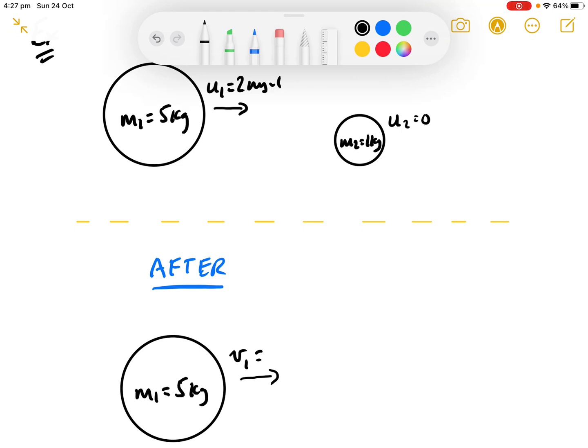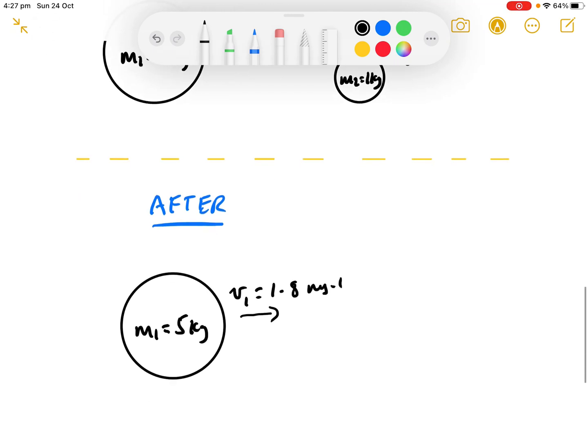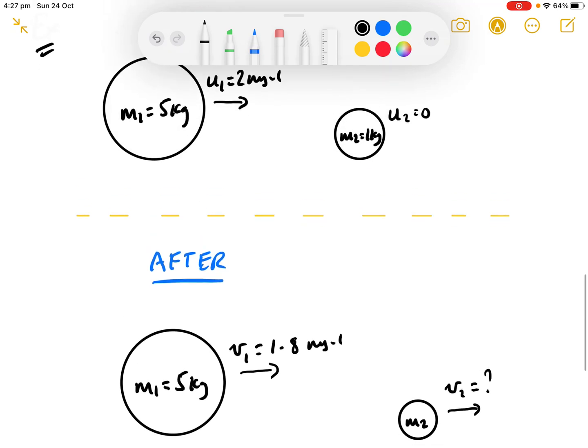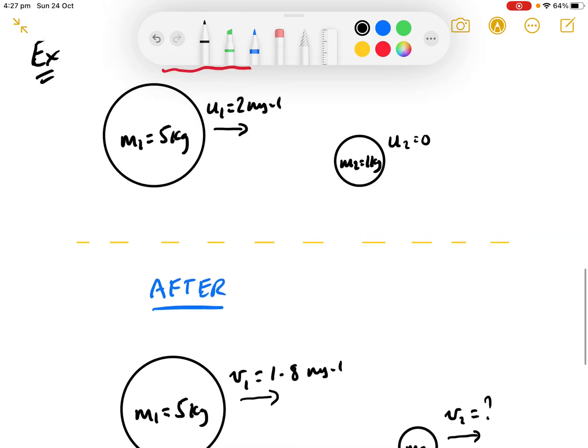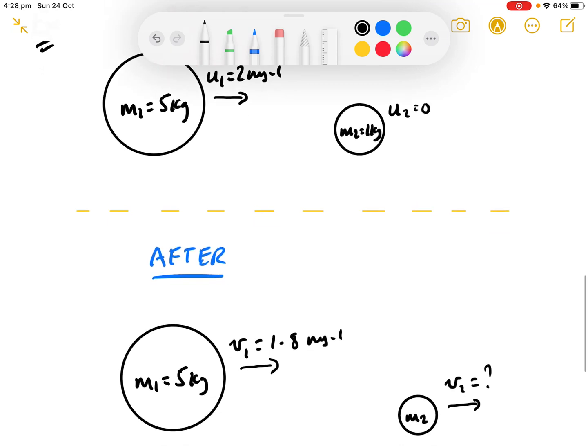Let's imagine it reduces its velocity to 1.8 meters per second. The question then is, what must the new velocity, we'll call it v2, be for M2? Well, we can use the law of conservation of momentum to work this out.